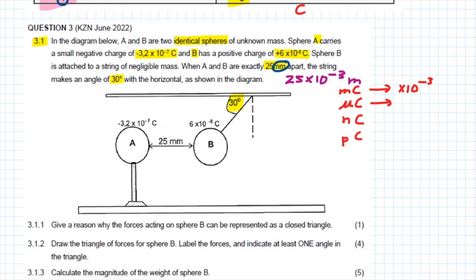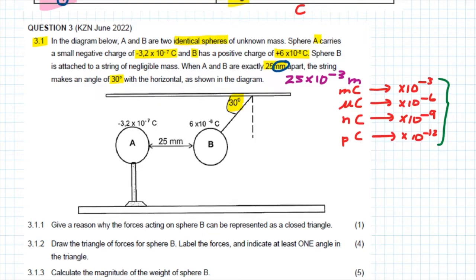To go from microcoulomb to coulomb, we times by 10 to the negative 6. From nano to coulomb, we times by 10 to the negative 9. And from picocoulomb to coulomb, we times by 10 to the negative 12. Please do not forget this, and do not forget that you always substitute values into the applicable equations using the correct SI unit.